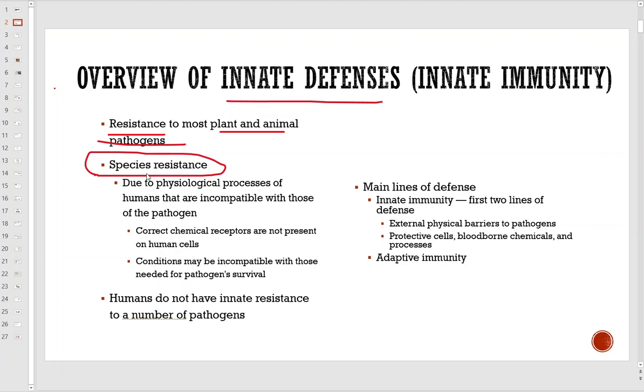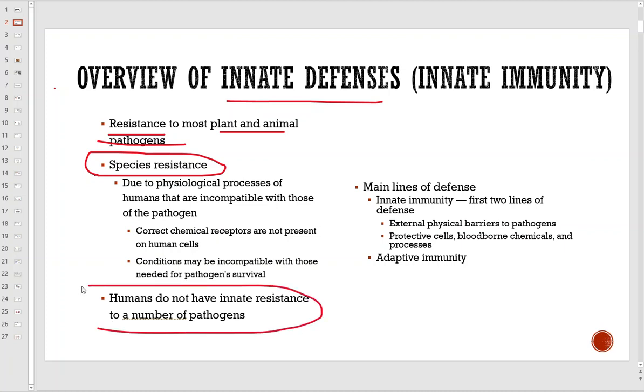The reason these diseases don't attack us is because we're just not configured correctly for those pathogenic processes to work, which is all we've said right there.